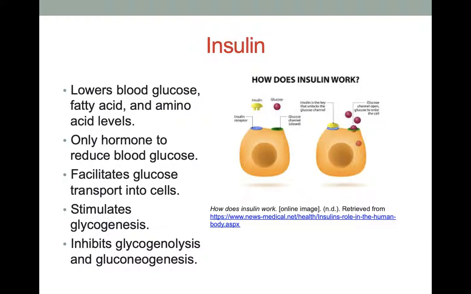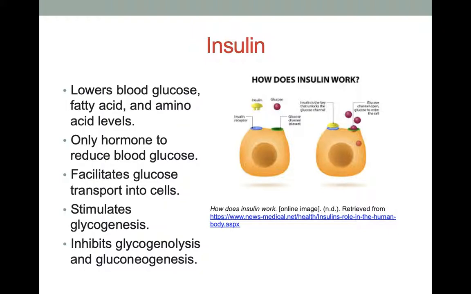It facilitates glucose transport into the cells. It's also going to stimulate glycogenesis, or the building of glycogen, and it's going to inhibit glycogenolysis and gluconeogenesis. Glycogenolysis is where we break down glycogen to build glucose molecules, and gluconeogenesis is where we take amino acids and build glucose out of them.